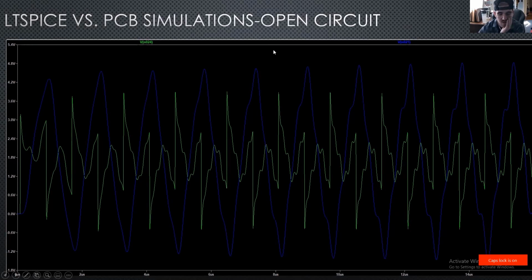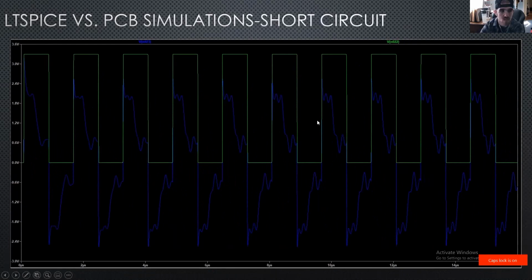So this circuit was previously done with LTspice. The green waveform is the waveform at the source, and the blue waveform is the waveform at the termination. With the open circuit termination, you can see that the forward traveling wave is fully reflected. So this is with the short circuit termination.